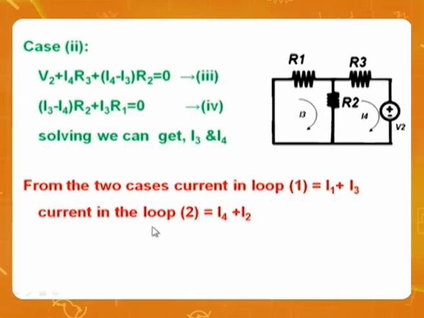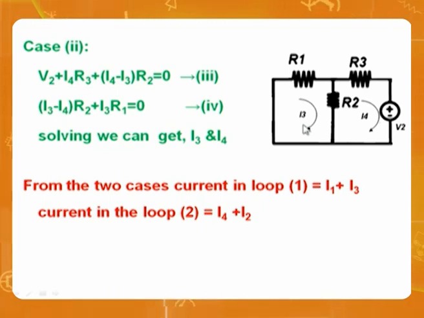Then case 2, put V1 as 0, and work with V2. Again apply loop equations, calling the currents I3 and I4. I am not really working them out because it is very simple. After so many lectures you understood, it's very easy now. But the whole idea of this concept is, what is the overall current?